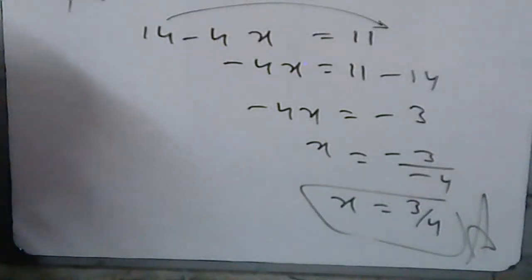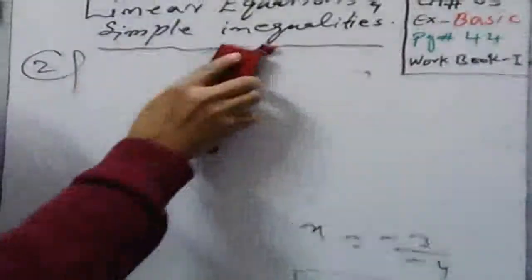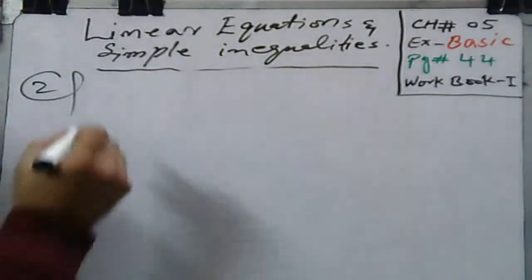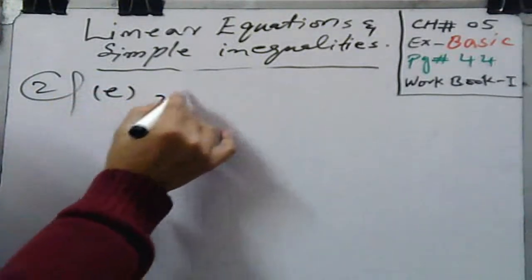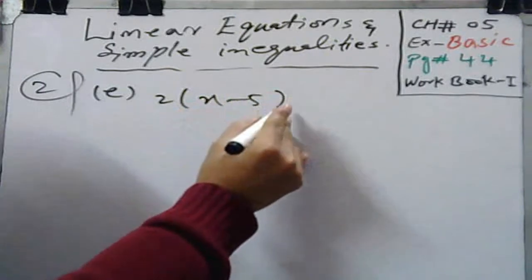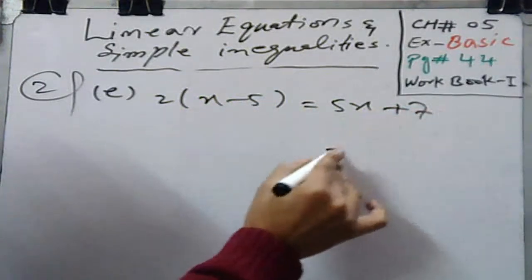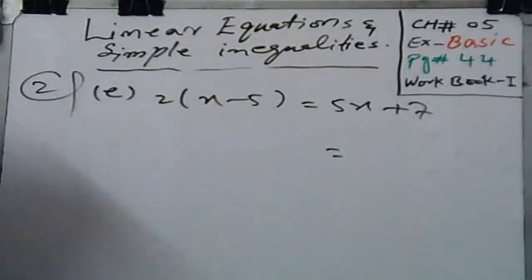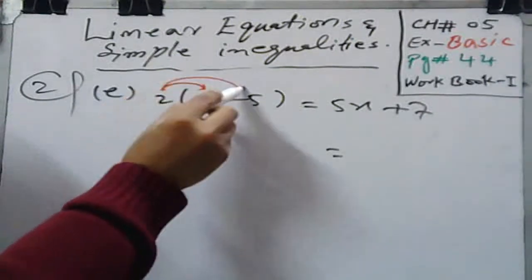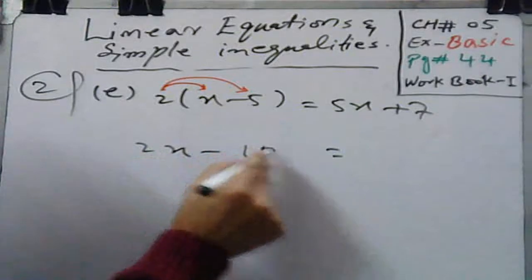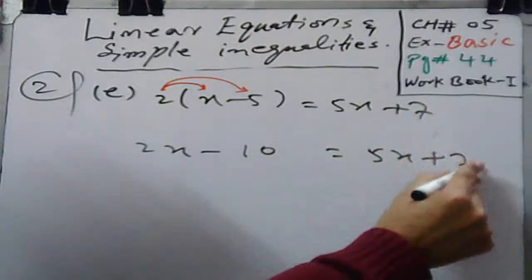Similarly in E part, 2 into x minus 5 is equal to 5x plus 7. So in the first step you have to multiply this 2 with this one and with this one, and you will get 2x minus 10 equals 5x plus 7.